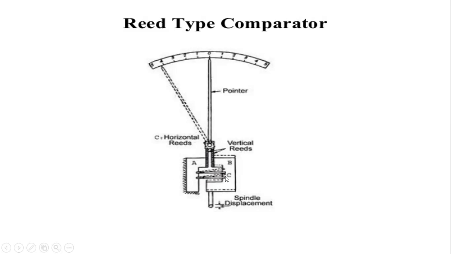So it is displaced on one side of the floating block. This is also called the floating block. It moves in the upward direction, so the vertical reed moves in the upward direction. This displacement causes the pointer to move this way.